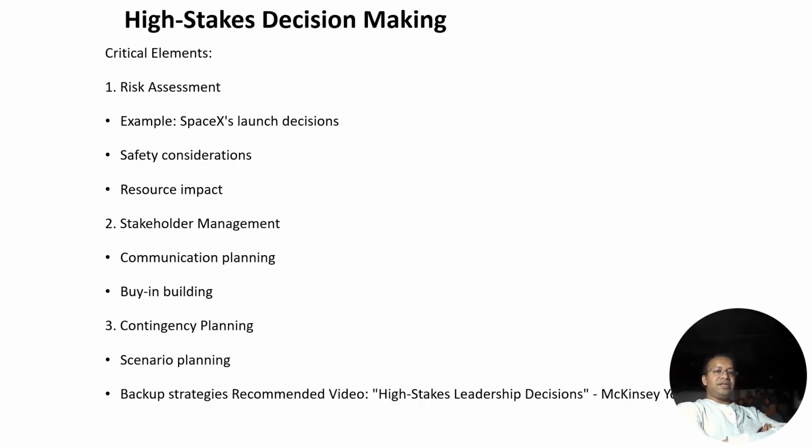So risk assessment, because it's high stakes decision making involved with SpaceX's launch. SpaceX also considers these as very important while they do risk assessment.